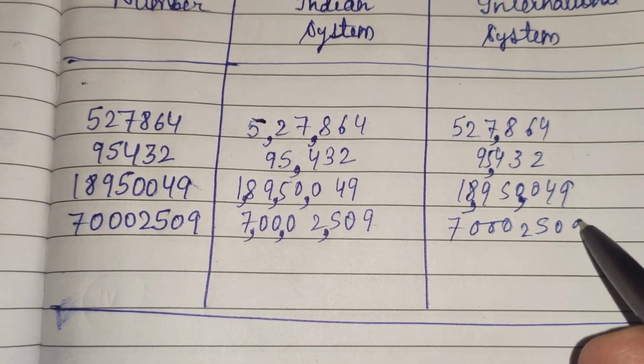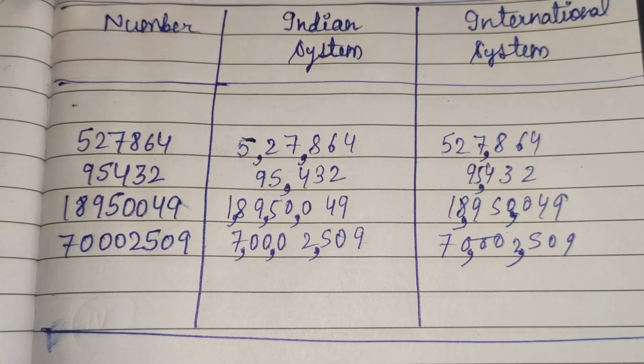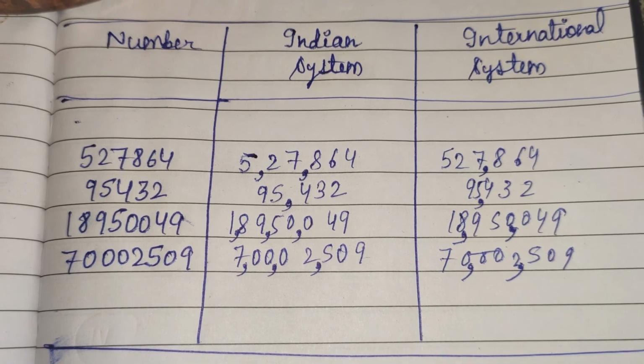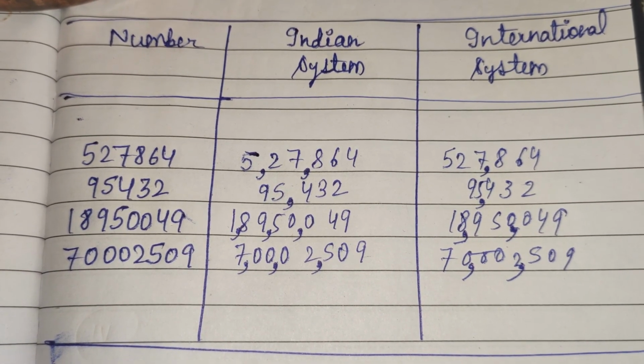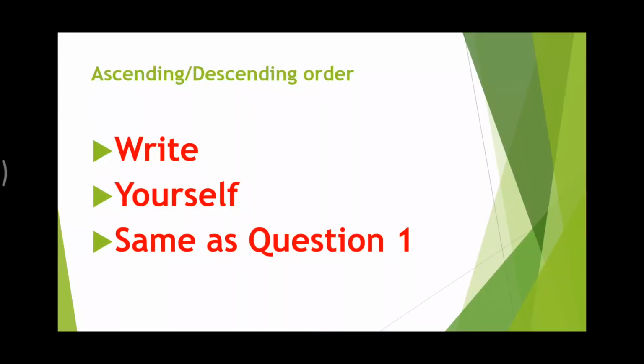Now here after 3 digits, then again after 3 digits. So in this way you are required to put commas according to Indian system and international system. Now write them in ascending order and descending order. Write yourself the same as question number 1, as we have done in question number 1.